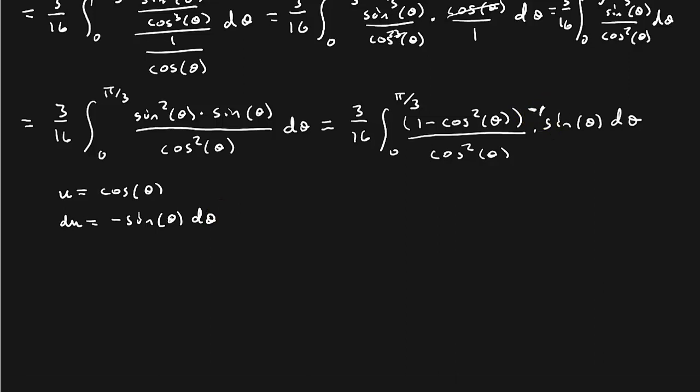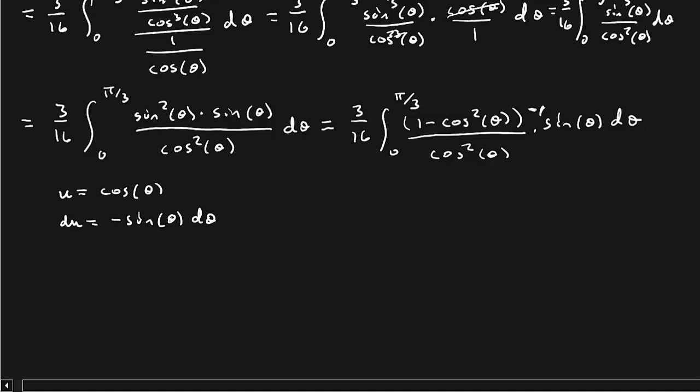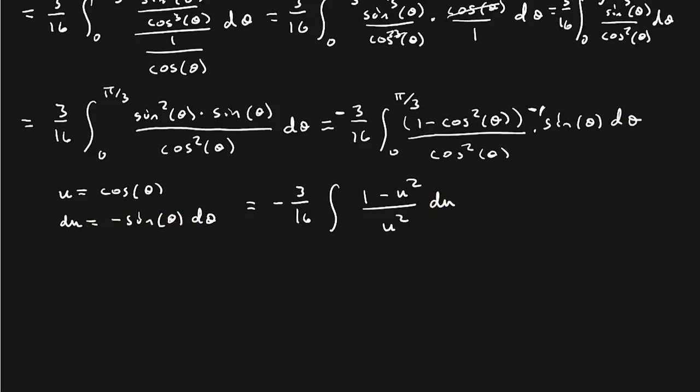See, I need a -1 right here. So if I multiply by -1, I have to come out here and multiply by -1. So this is going to give me -3 over 16 integral, and that's going to be 1 minus u squared over u squared times negative sine theta d theta. Well, negative sine theta d theta is du.